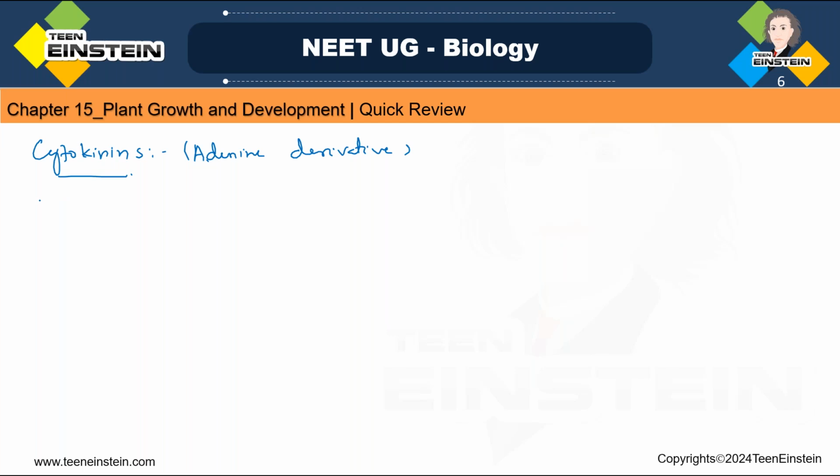And in the discovery, Skoog and Miller discovered a substance, kinetin, from DNA.